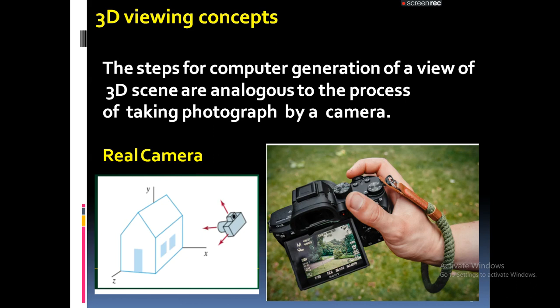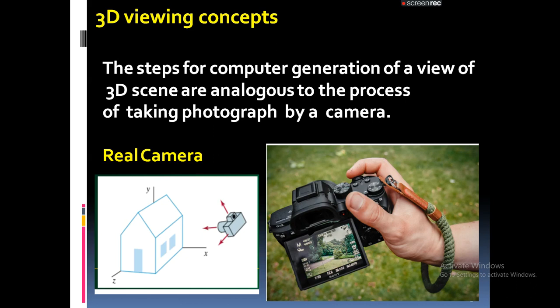But with a real camera, the captured image is displayed on the film of the camera. Using a real camera we generate images, but in computer graphics we use the three-dimensional viewing concept to display the created image on the screen of the monitor.